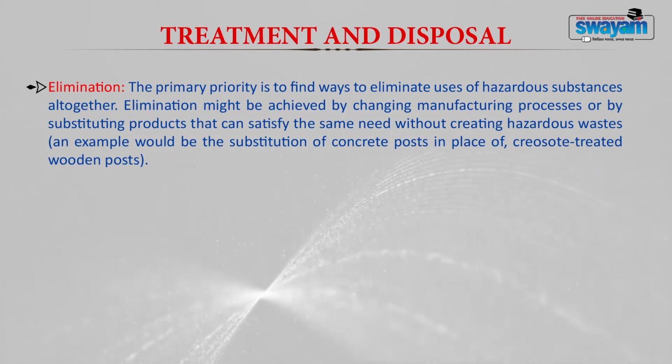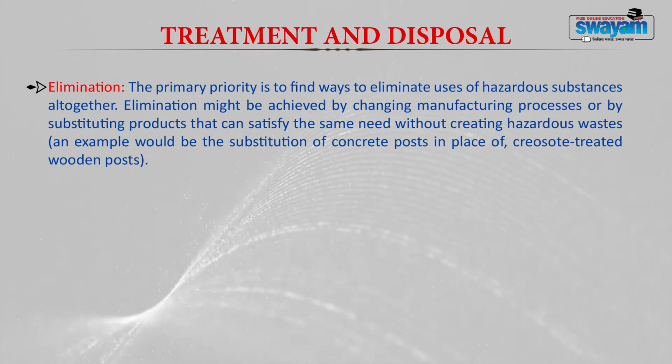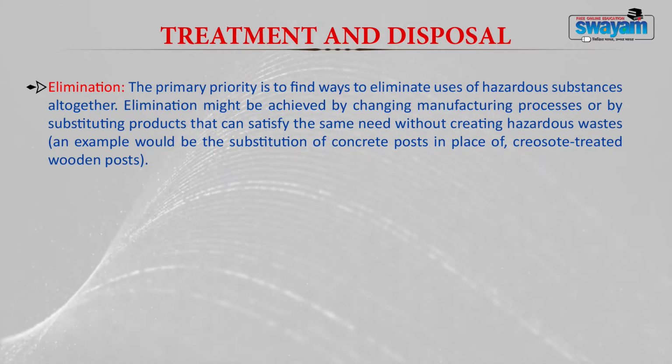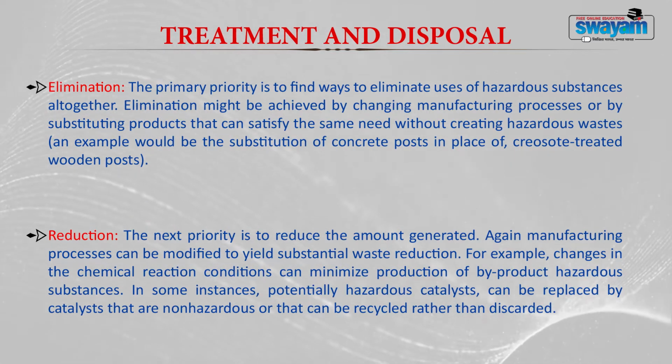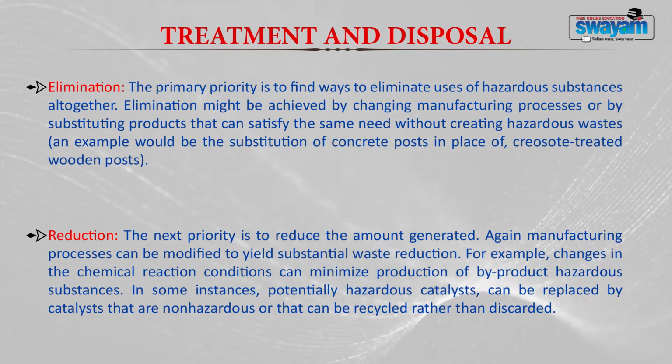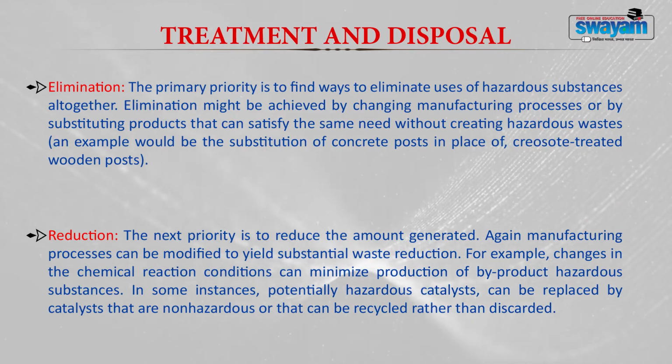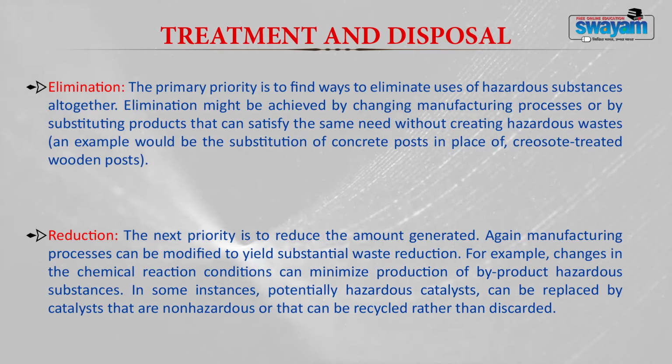This is one example. The second step in hazardous waste reduction is reduction. This is the next priority after elimination. If you cannot eliminate something, you can reduce the amount of hazardous waste that is being generated. Again, if you bring certain changes in the manufacturing process, you can yield a substantial waste reduction.